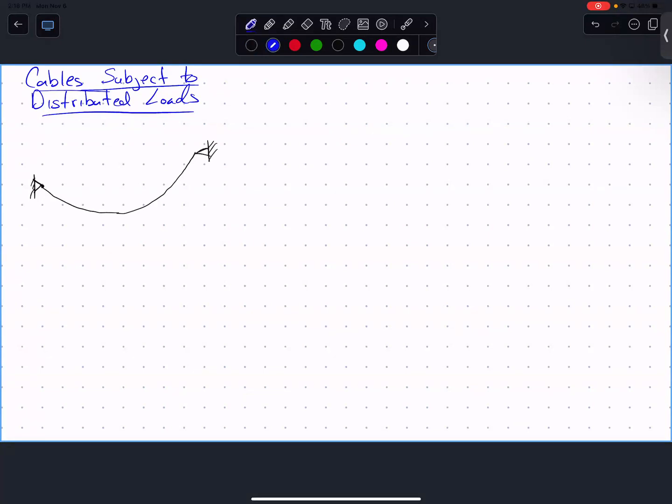We can call this point over here point A. This point over here can be point B. We will have those vertical cables that attach down here to whatever we're supporting. Draw some thin or dashed lines there, and that's going to be where we encounter our distributed load. For now, let's just call this a W right there.